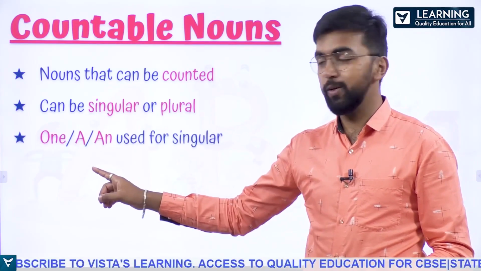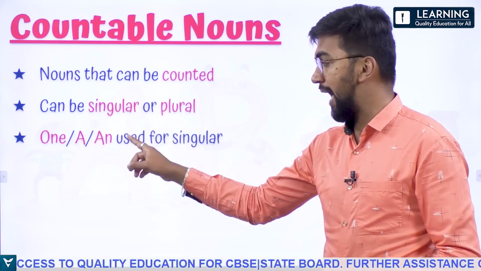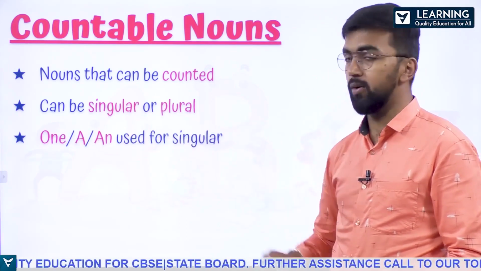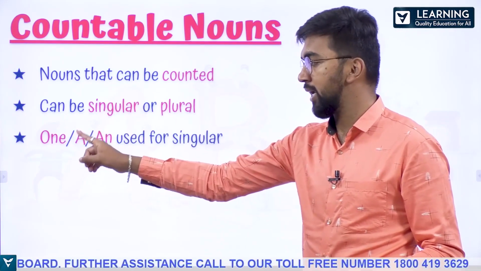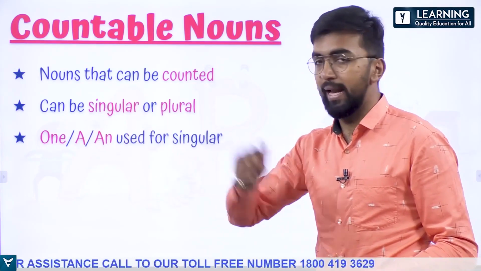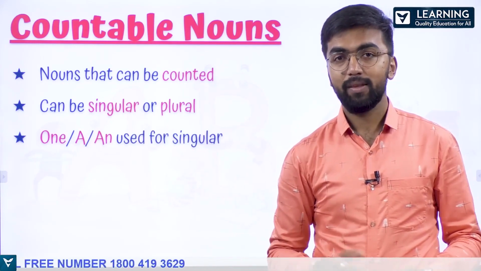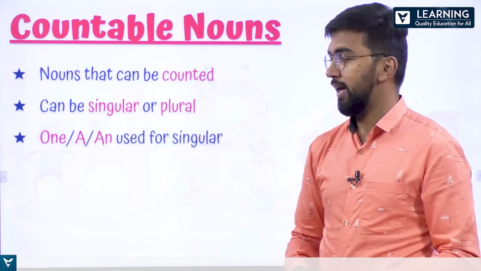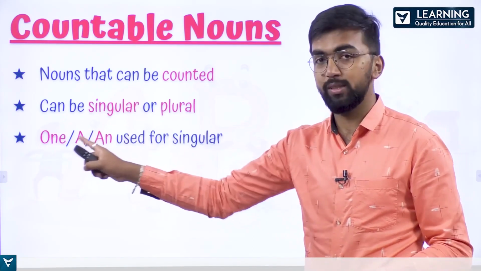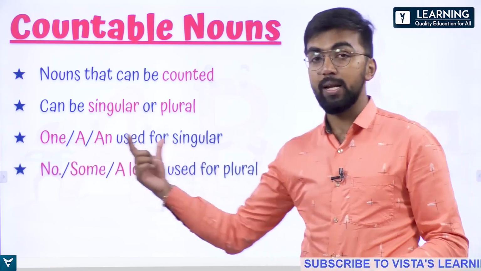We usually use one, a, or an for singular nouns. Before singular nouns, we either use one, a, or an. Do you remember? A cat, 1 table, or a table. Hence, for singular, we use these. For plural, we use the number.